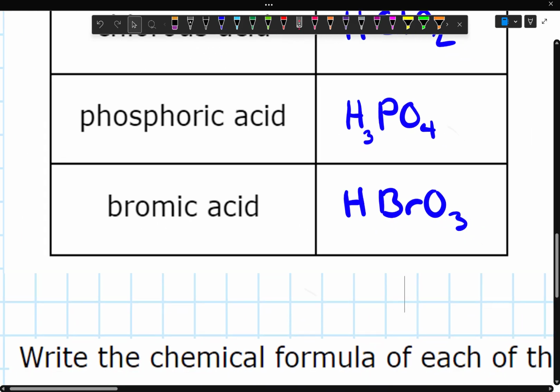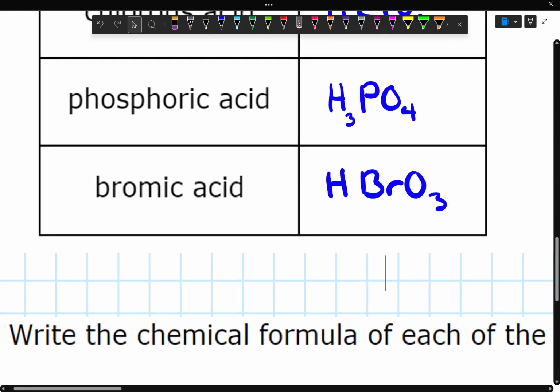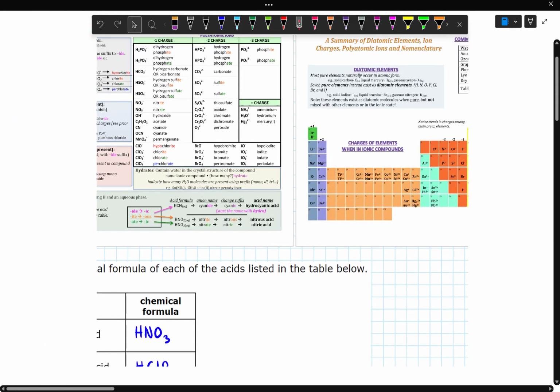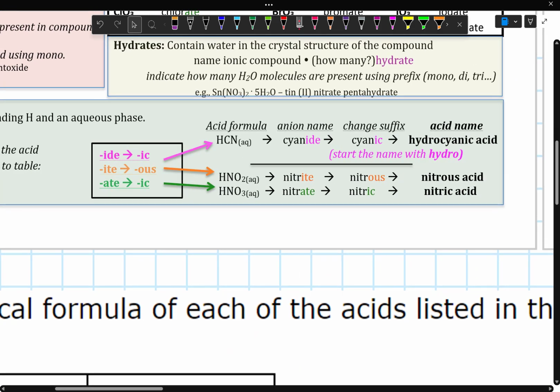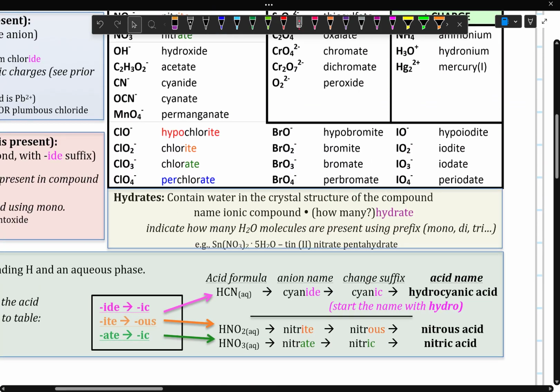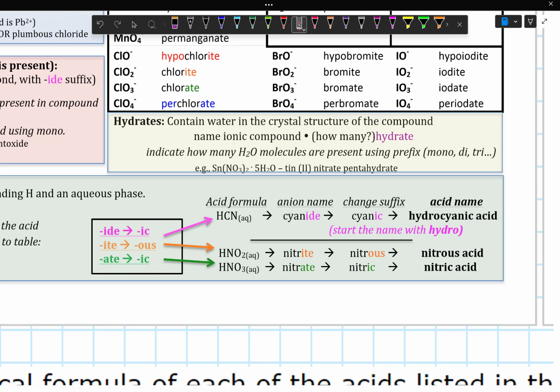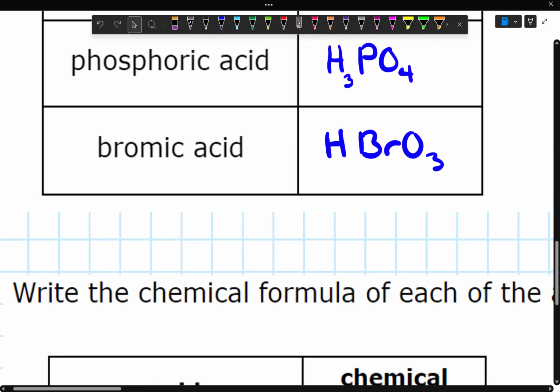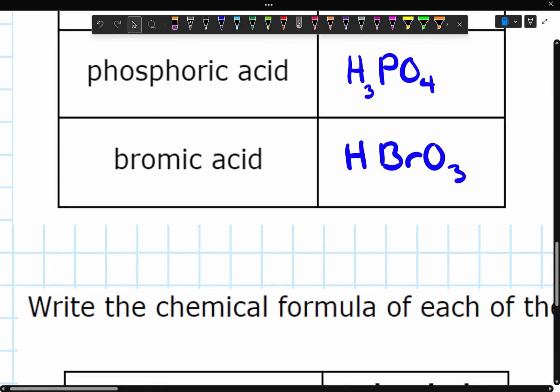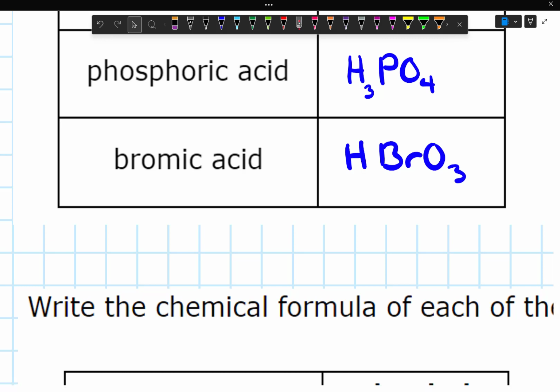Quick note, you might be thinking, well, bromate, if ATE corresponds with IC, well, what about perbromate? Why can't it be perbromate? Well, for perbromate, we would put the per prefix in front of our acid.